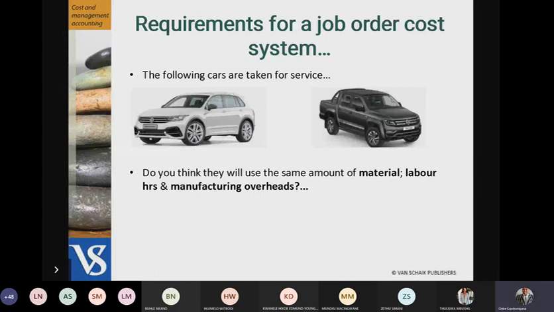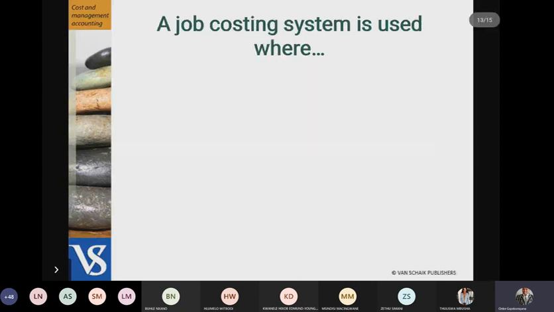Then how are we going to create this job costing card? Create a job costing card for each car. These are the things that we enter into that job card: your direct material, your direct labor hours, and your manufacturing overheads. And all the job cost cards in total represent the firm's work in process.